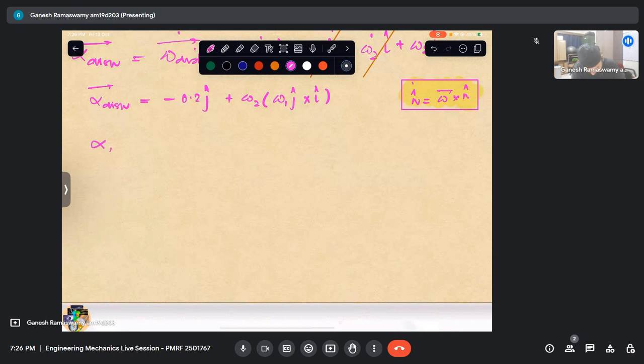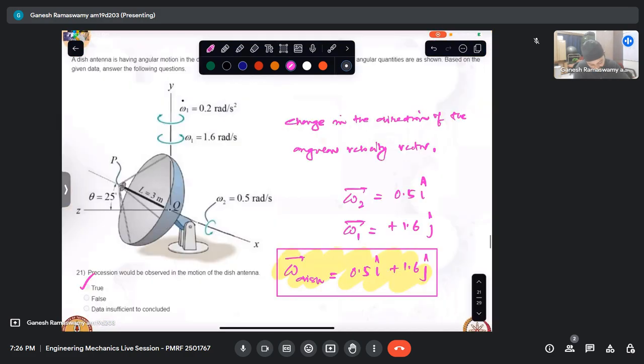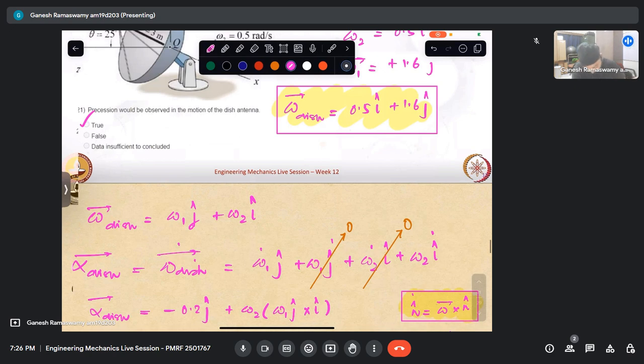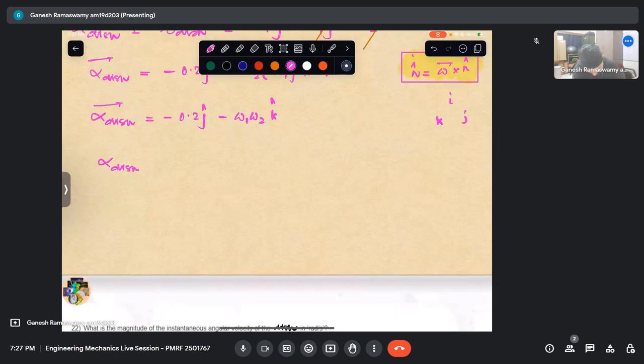This will be minus 0.2 J, and then I J K, so J cross I will be minus K. So this will be minus omega 1 omega 2 K. Omega 1 and omega 2 are 0.5 and 1.6, so substituting: minus 0.2 J, and then minus 1.6 into 0.5, which is 0.8 K cap.